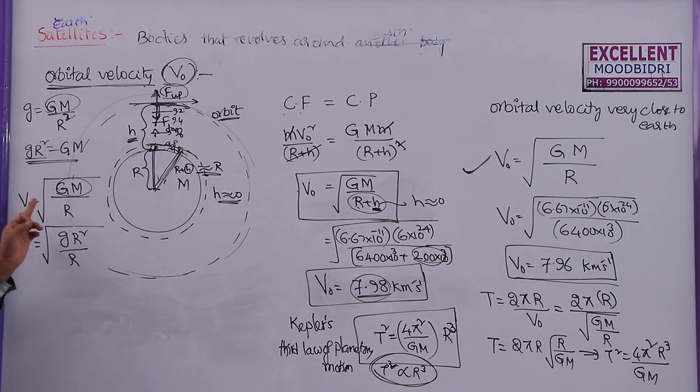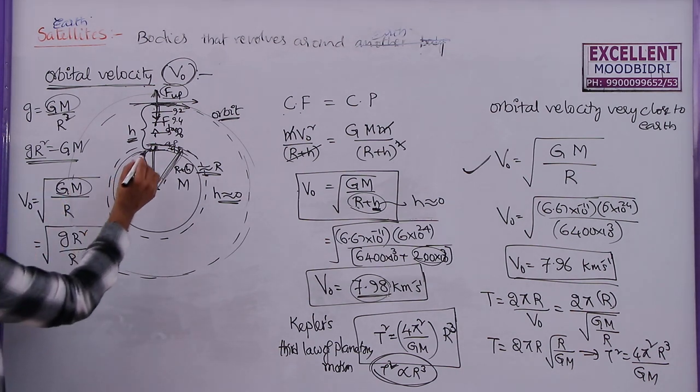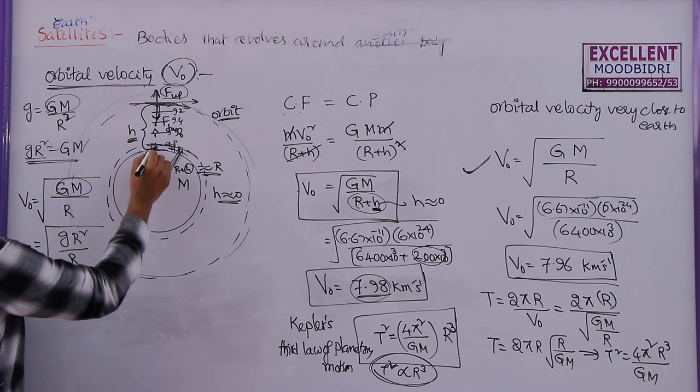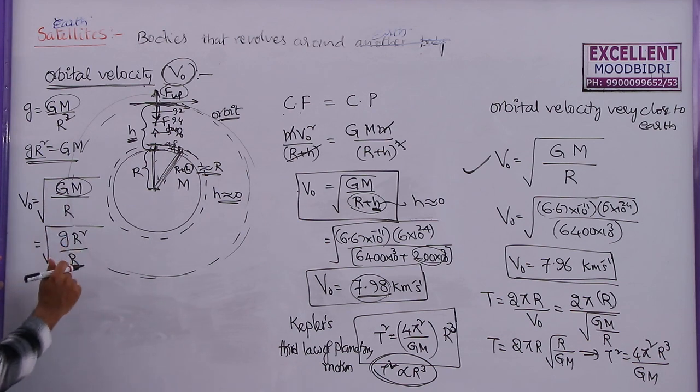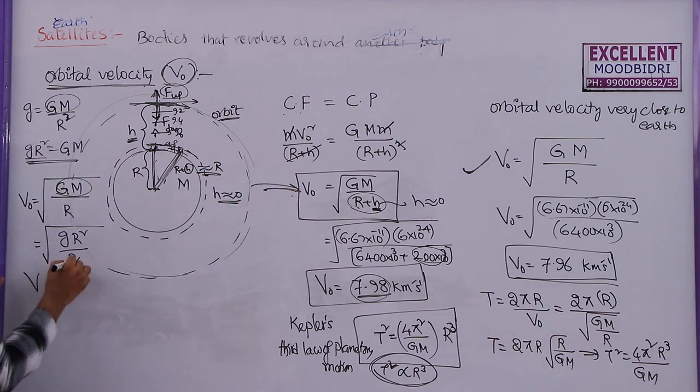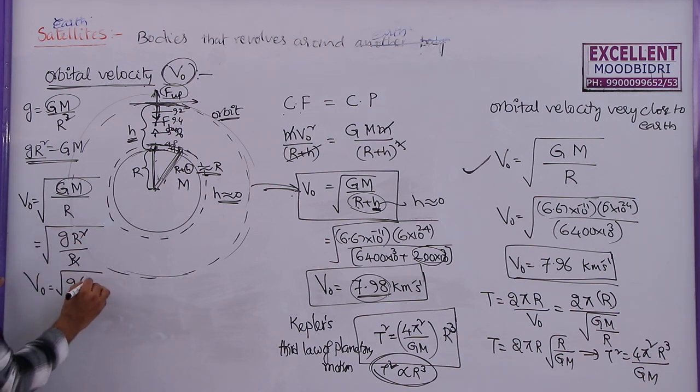Remember, you can replace GM with small g r square only if the point is very close to the Earth. If the orbit is far away from the center of Earth or surface of Earth, we cannot use this formula. Then we have to use this formula only. Now r and r get cancelled. The orbital velocity is going to be root over small g into r.